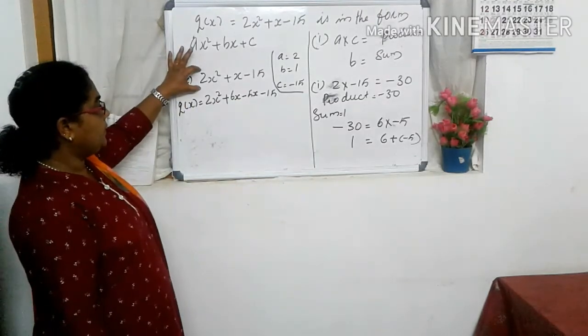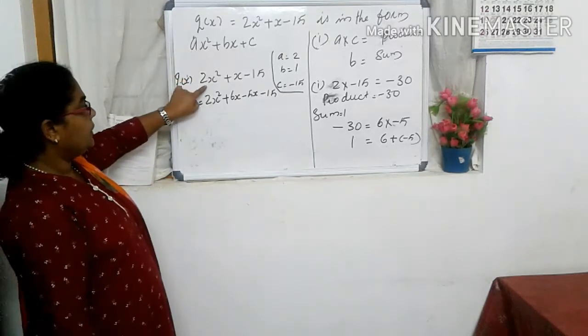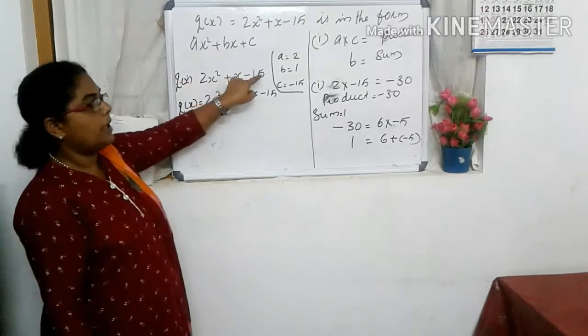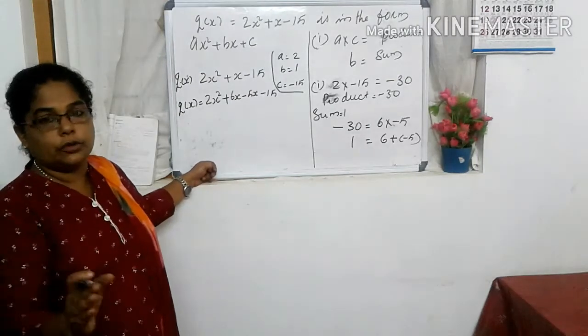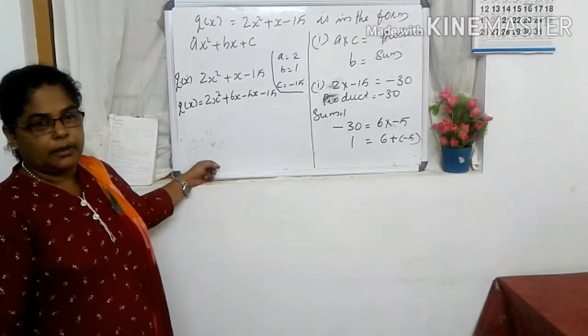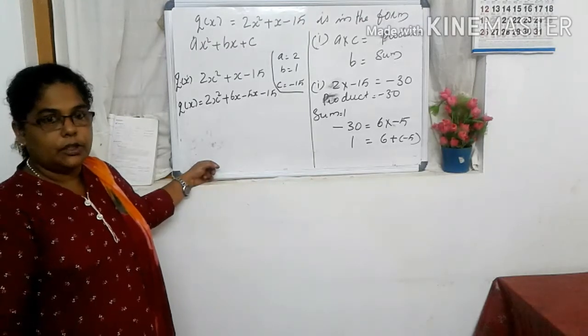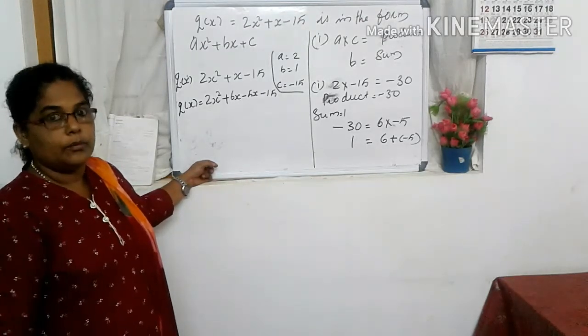So at the beginning I told you about the quadratic equation with 1, 2 and 3 terms. We converted those 3 terms into 4 terms to get a common factor. That is what we did here, and we already did it in the previous year's portion.